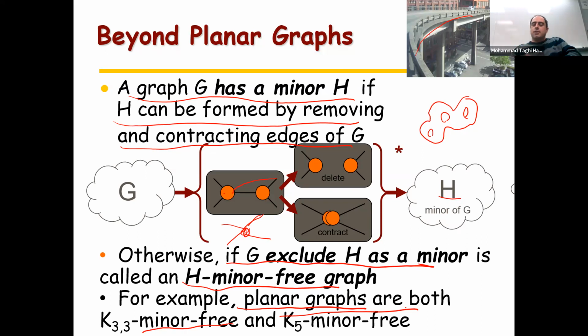The other interesting thing that also comes from this fact: if you have a sequence of graphs G1, G2, up to infinity, you cannot continue this forever unless there is i less than j such that Gi is a minor of Gj.